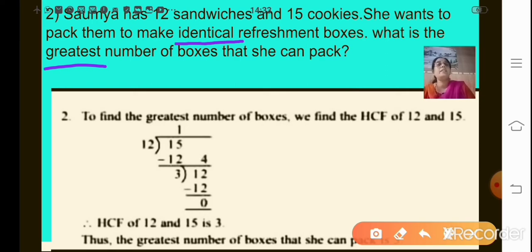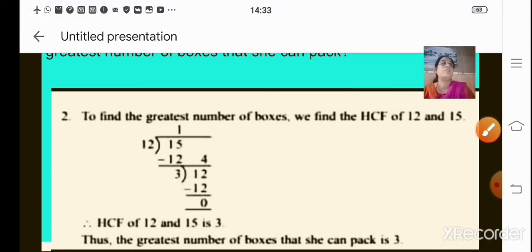Now when you find the HCF of 12 and 15, your answer is 3. Here we have used the division method. 12 ones are 12, 3 remaining. Then dividing, your 12 becomes your new dividend. So 3 fours are 12. So your answer is the greatest number of boxes that she can pack is 3.